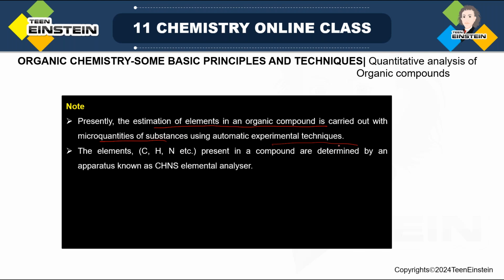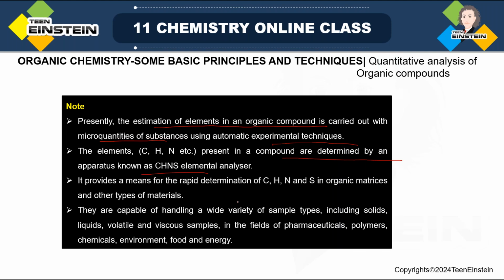The elements carbon, hydrogen, nitrogen, halogen, sulfur present in a compound are determined by an apparatus known as the CHNS elemental analyzer. It provides a means for rapid determination of all these elements in organic matrices and also other types of materials, but we are interested only in organic compounds. This instrument is capable of handling a wide variety of sample types.